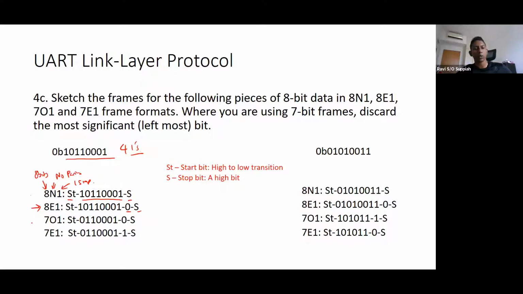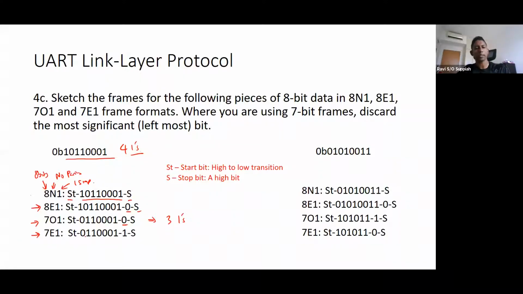If I say 7O1, it means I transmit only 7 bits, so I discard the most significant bit and transmit the rest. When I say odd parity, you can see that for this 7-bit data I have an odd number of ones, 3 ones, so it's already odd and the parity bit is 0.